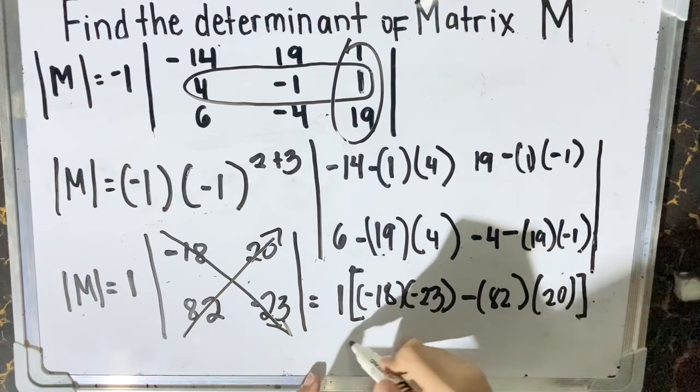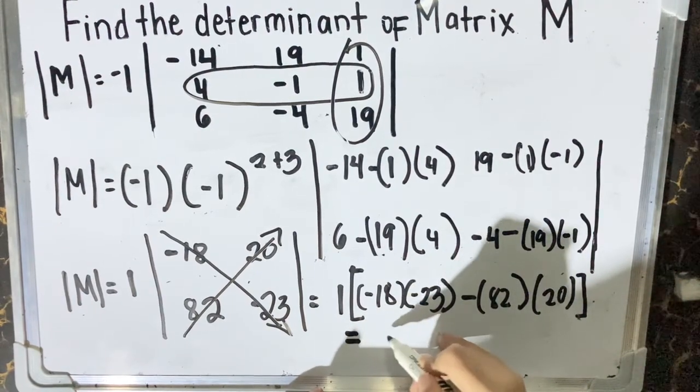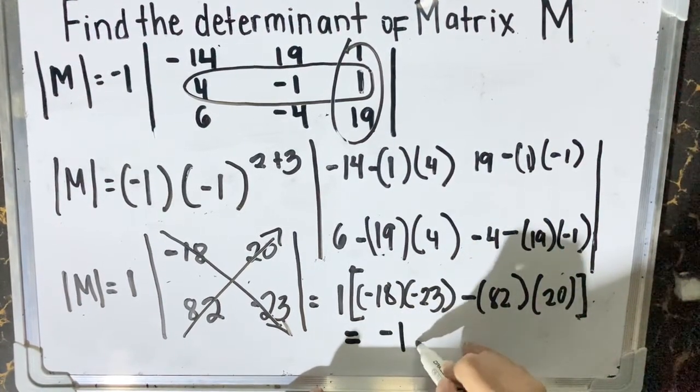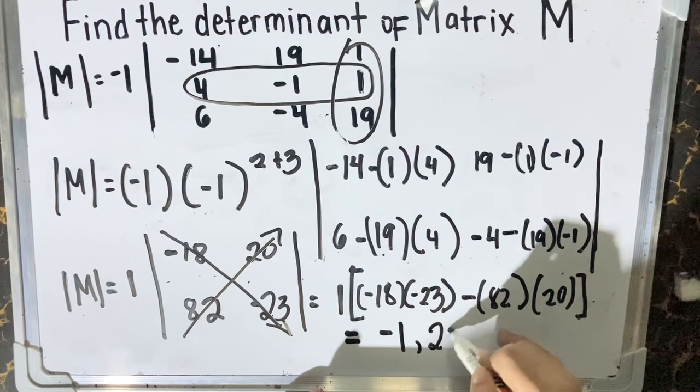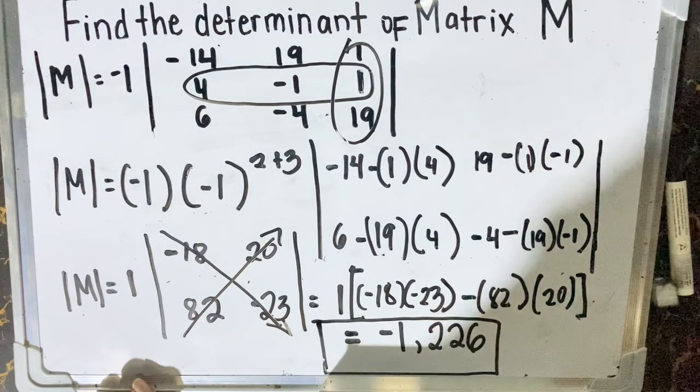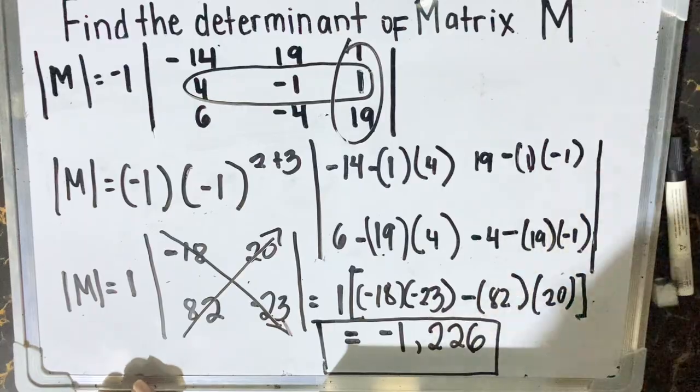And now, this will be equal to negative 1,226. And that's how we solve the determinant using pivotal element method. And now, let us proceed to Chio's method.